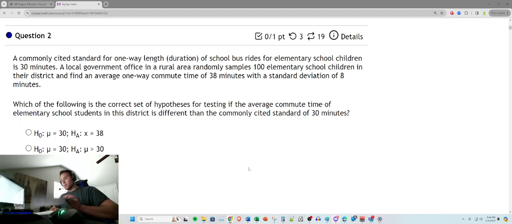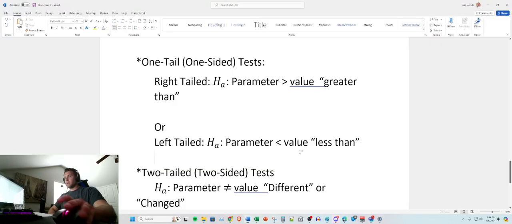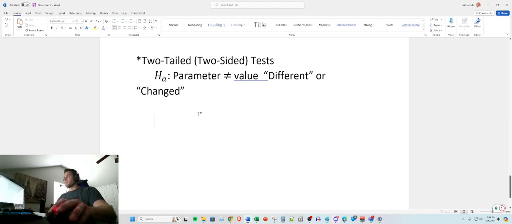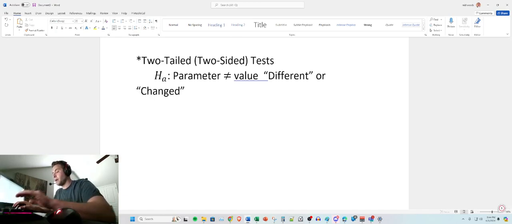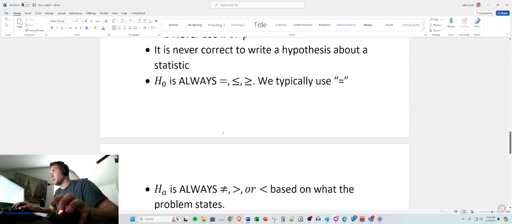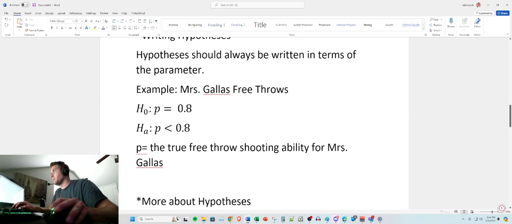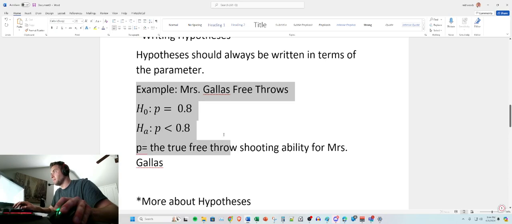We'll go back to that example with the free throw shooting. Let's go ahead and write some more. All right, so for our example, I'm going to copy this down.